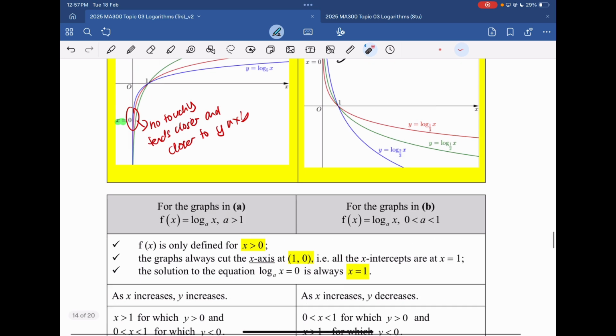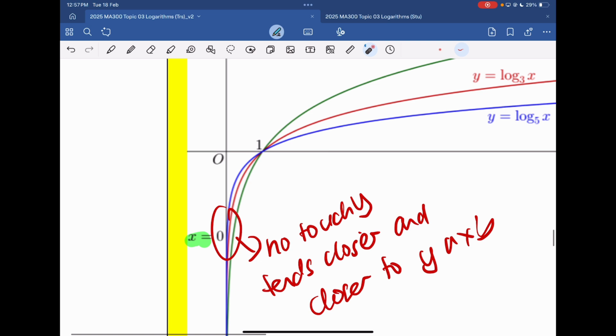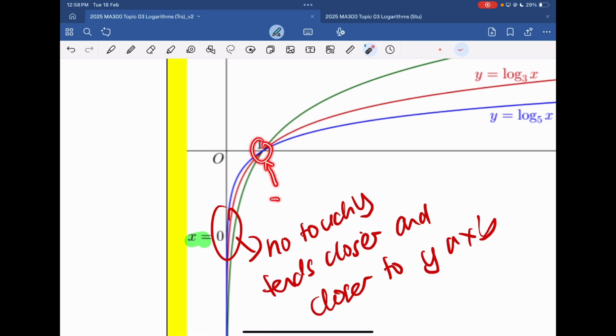What is the intercept? (1, 0). If x equals 1, y equals log 3 of 1, and remember, this is the function, log 3 of 1 is always equal to 0. That's why it's (1, 0).